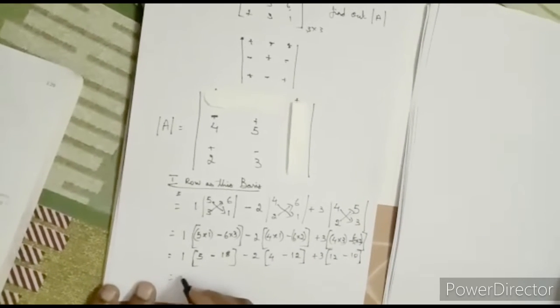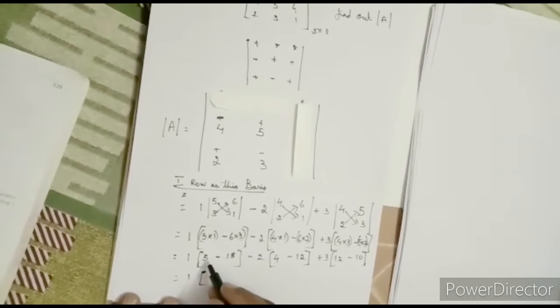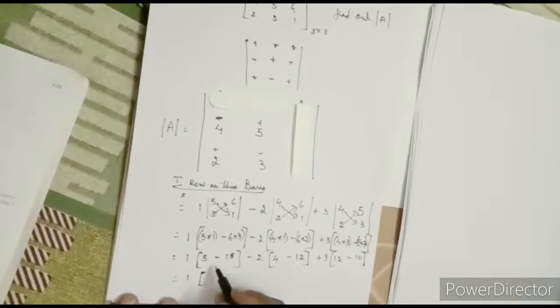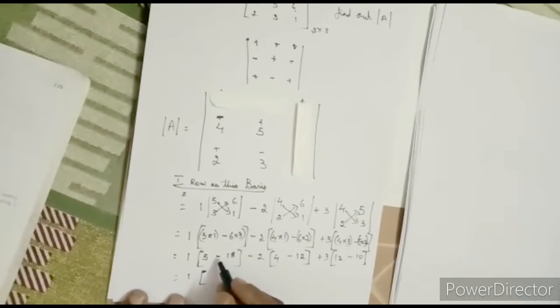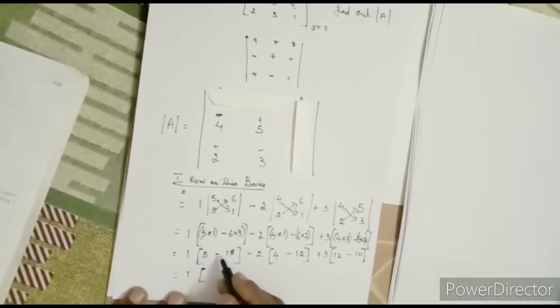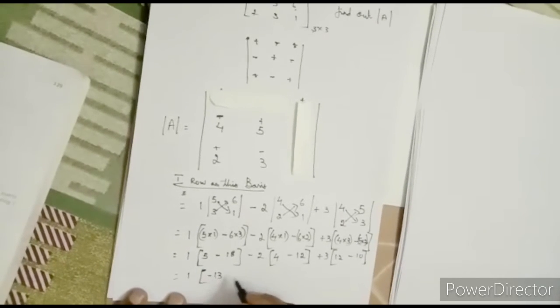Now let us simplify this. 1 into 5 minus 18. 5 minus 18 is, here the value 18 has the greater sign, therefore plus into minus is minus, therefore minus 13.